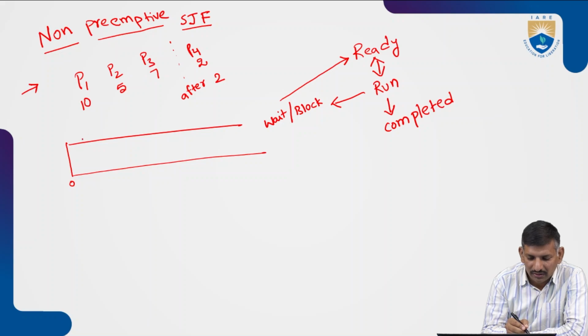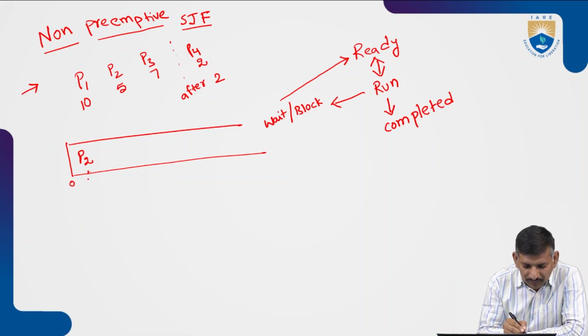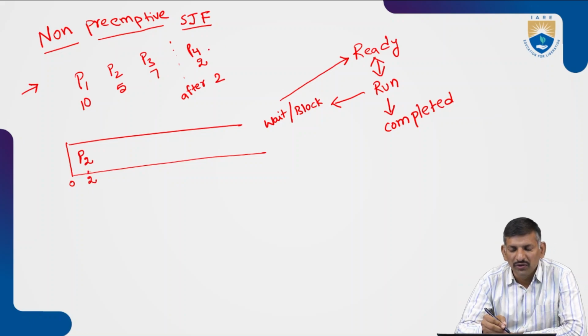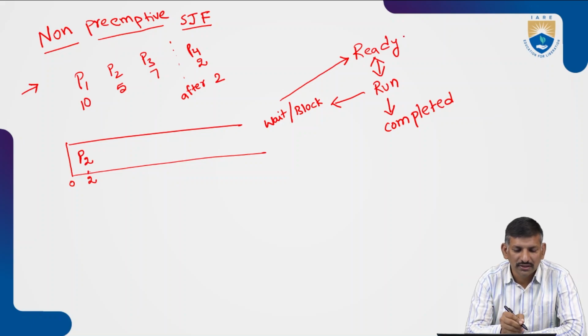So P2 has the least execution time, 5 milliseconds. After 2 milliseconds, P4 enters into the ready state. But it is a non-preemptive scheduling algorithm.